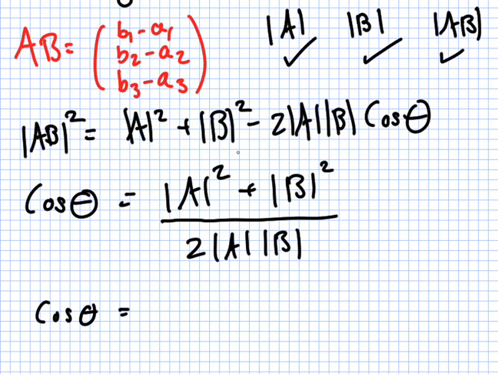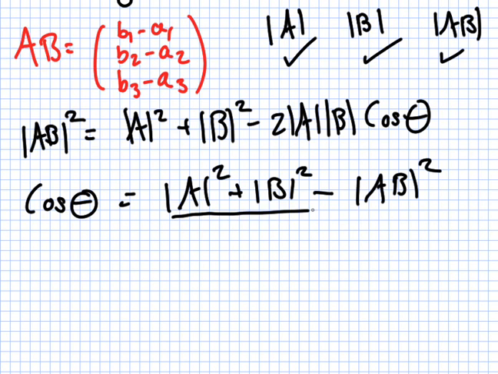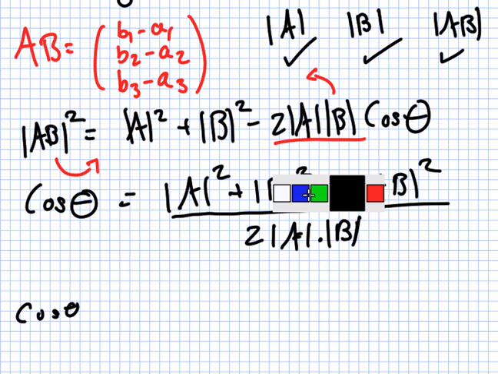That's right, isn't it? No, sorry, I've left out an AB. Yeah, AB. Magnitude A squared plus magnitude B squared minus magnitude AB squared all over 2 magnitude A magnitude B. I'm taking this one here over to the left and taking this one here over to the right, and then I'll divide by this.